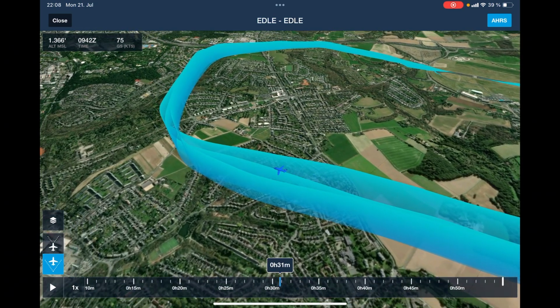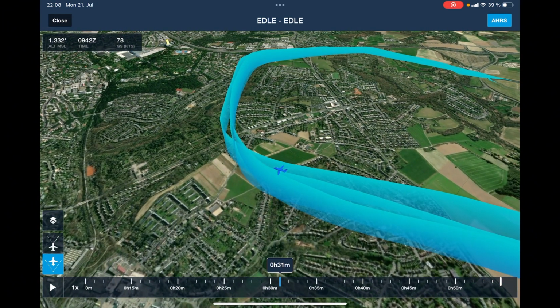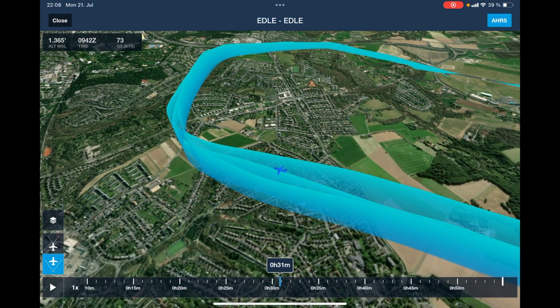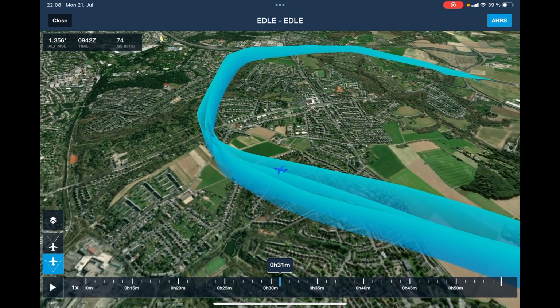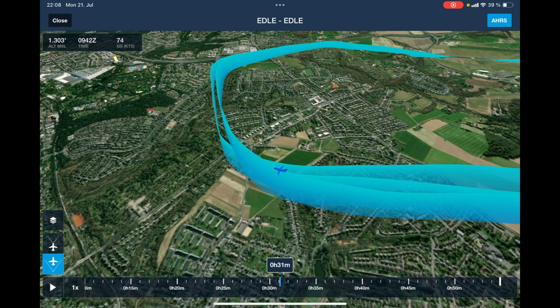My airspeed gets lower, but I learned from my last experiences that I should maintain my altitude because last time it did not go very well.